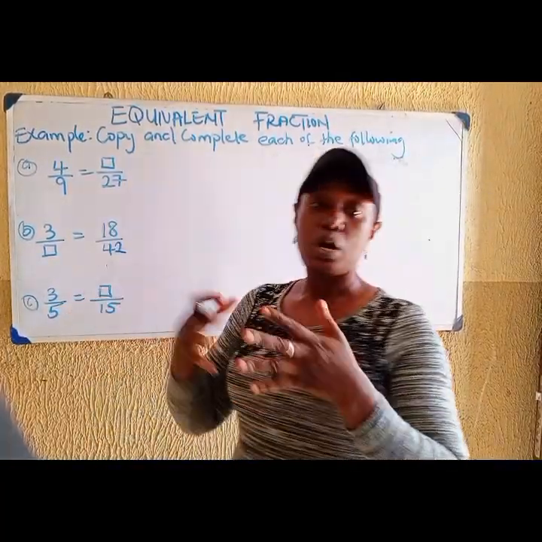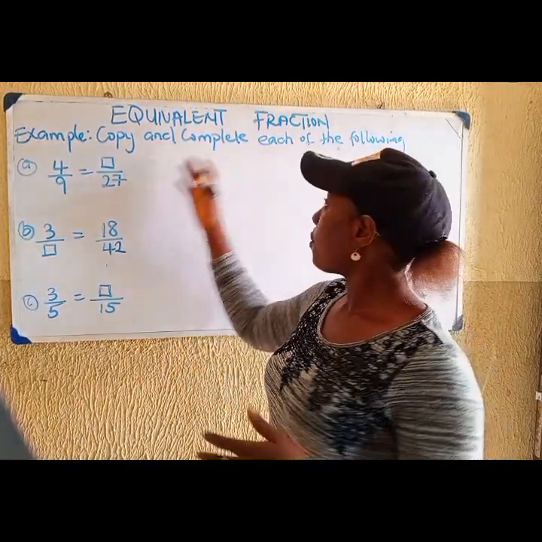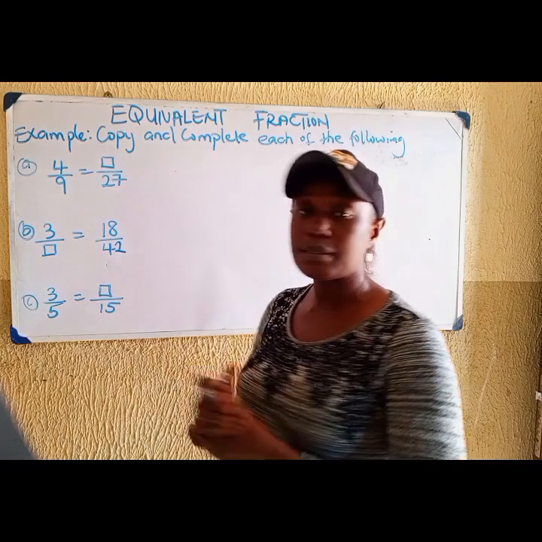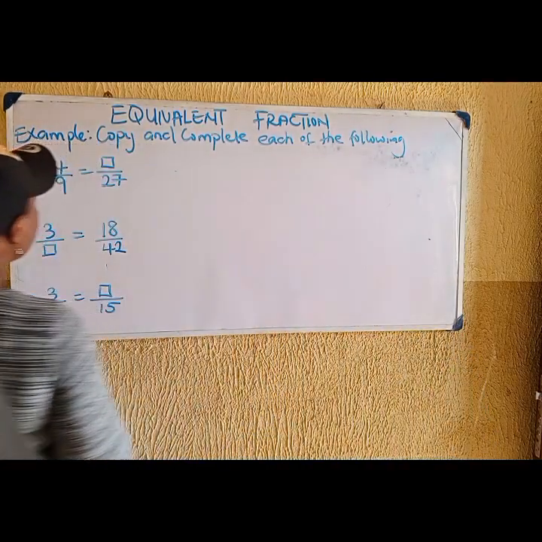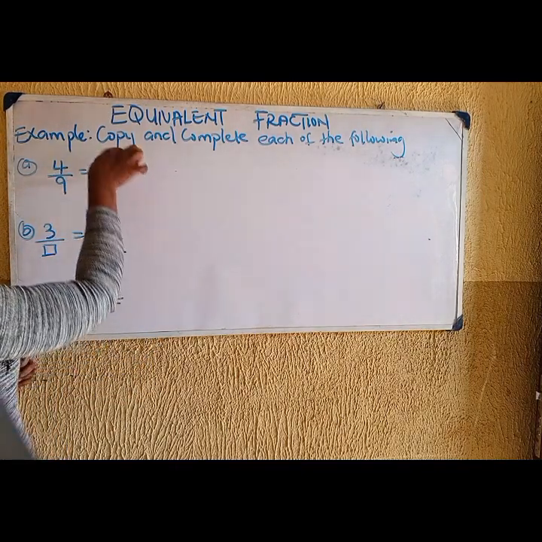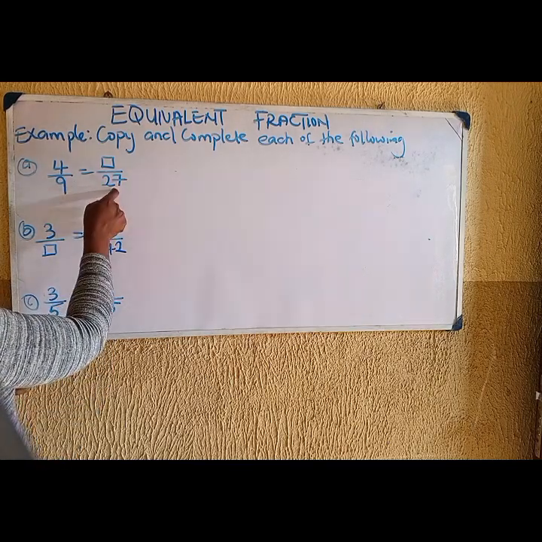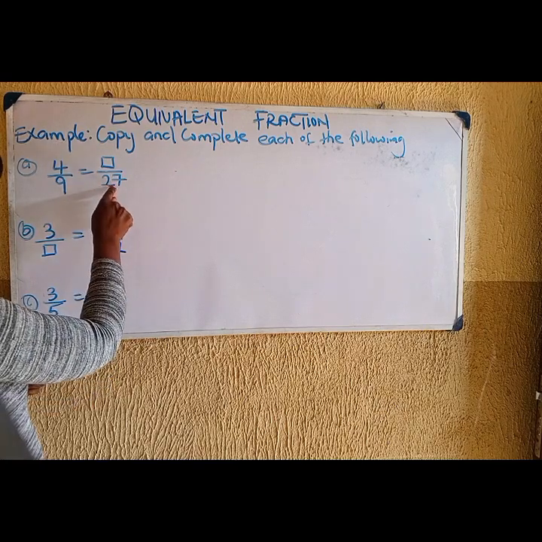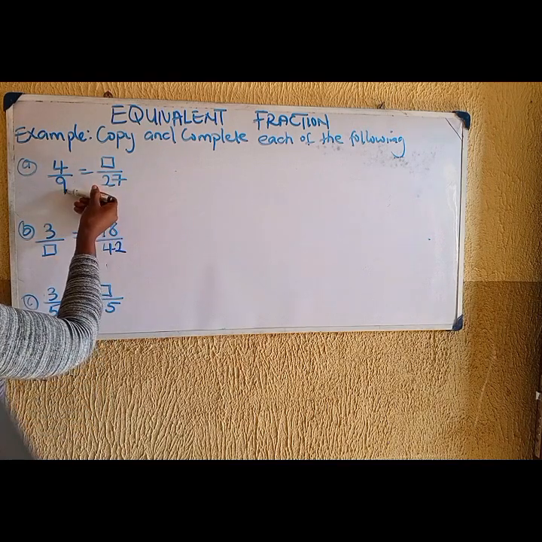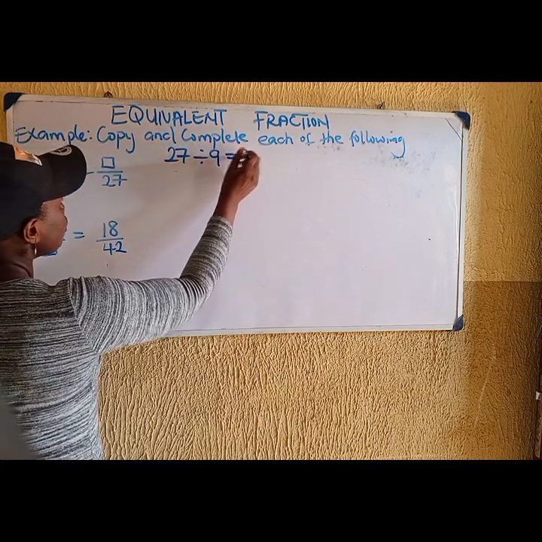Now, we are going to apply this equivalent fraction in solving a question like this. We are asked to copy and complete each of the following. So we are going to look for the values that will be in these boxes. In this first one, we are given 4 over 9, which is equal to box over 27. To obtain the multiplier, we have to divide the second denominator by the first denominator. So we have 27 divided by 9, which will give us 3.